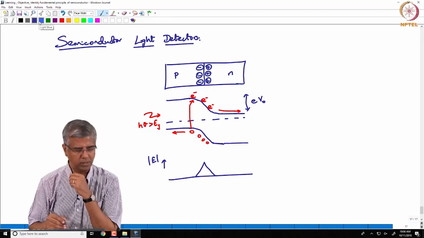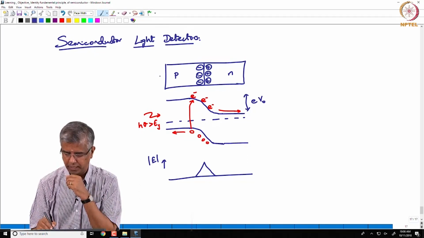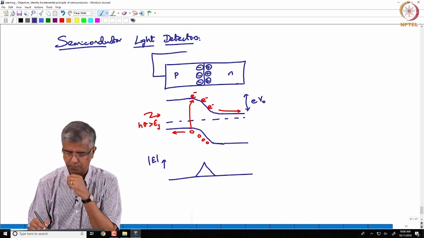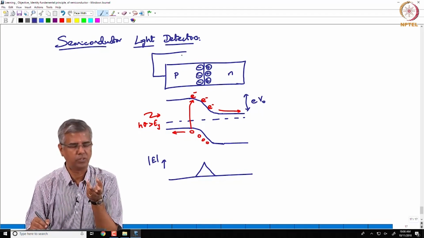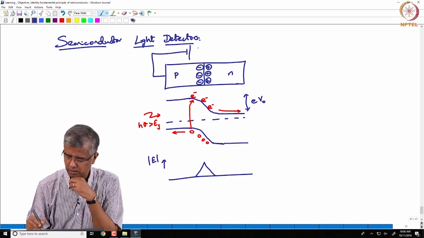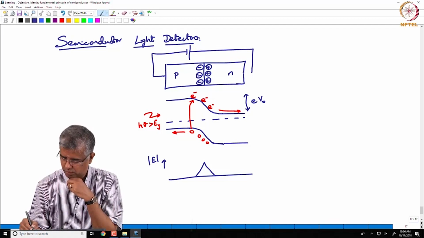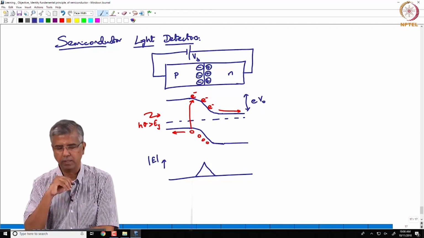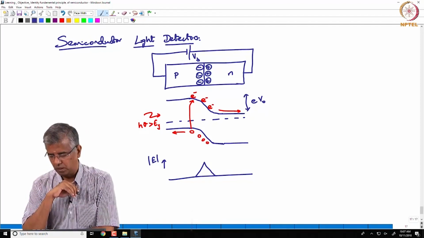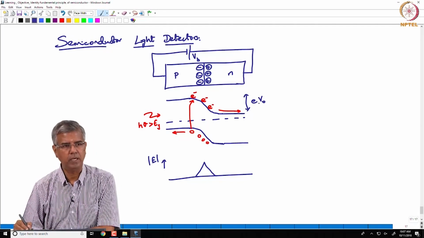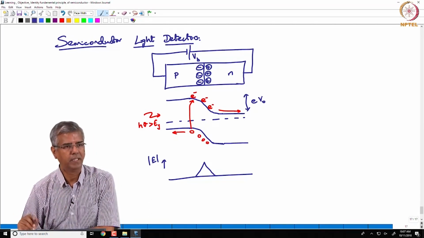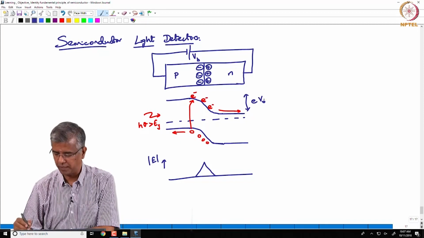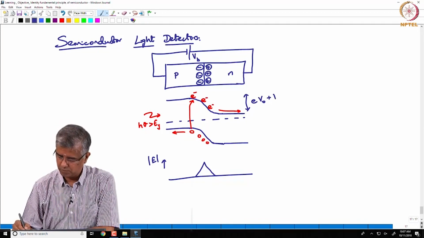Now, interesting things happen once again when you give an external bias to this. But this time, unlike the case of light sources, we are giving a reverse bias over here, and when you give a reverse bias, let us say reverse bias VB, this potential is going to be modified, that barrier is going to be modified such that, because it is reverse bias, you have enhancement of the barrier.